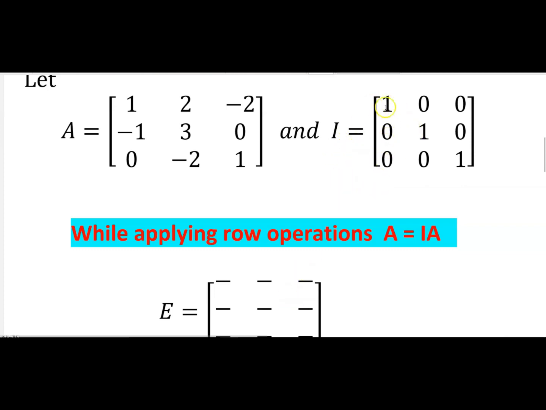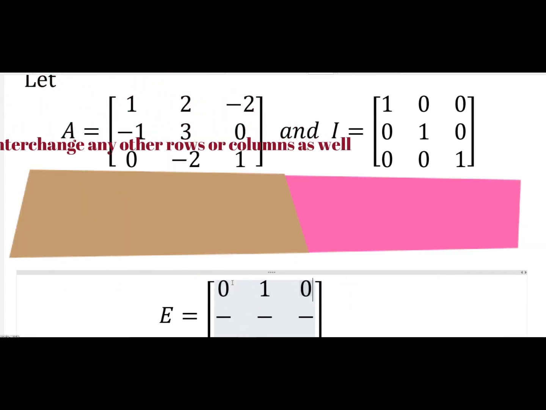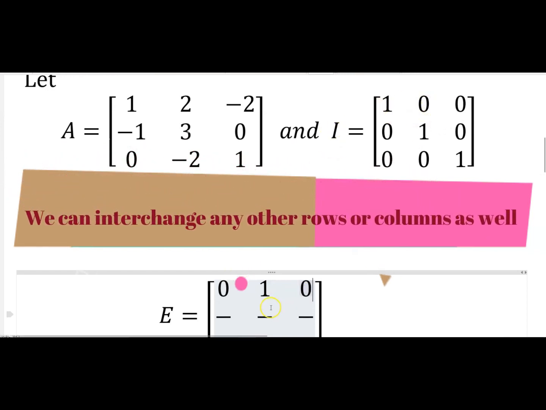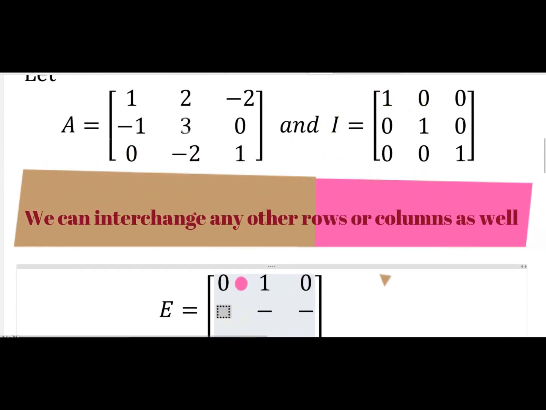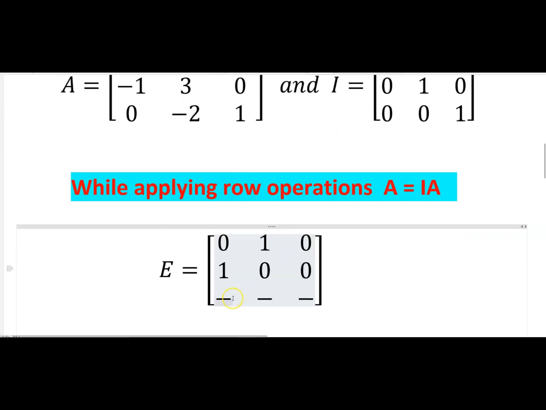Interchanging the first row and the second row gives another matrix, which I name the E matrix. The first row becomes 0 1 0, the second row becomes 1 0 0, and the third row remains as it is.